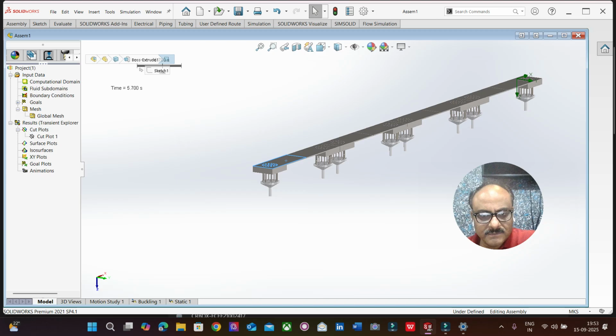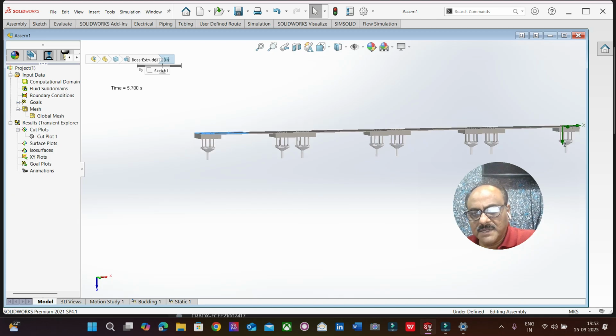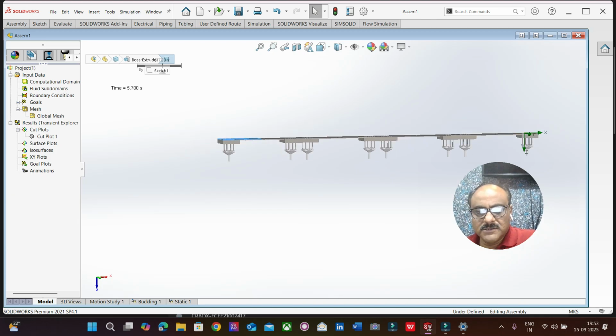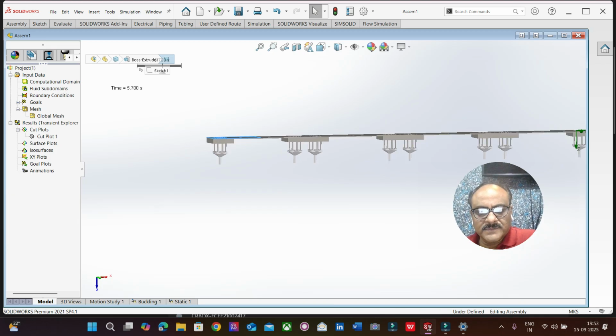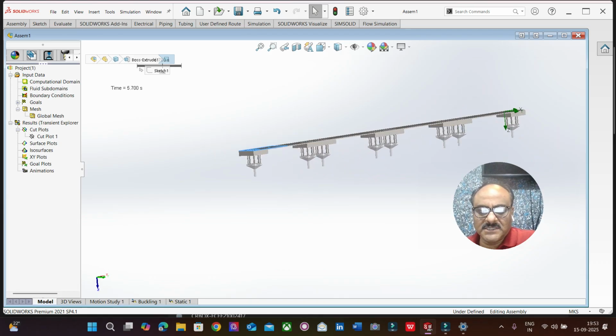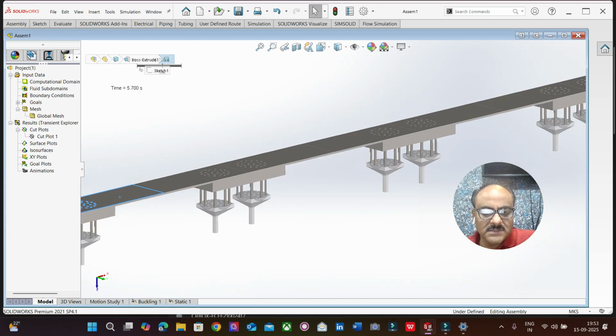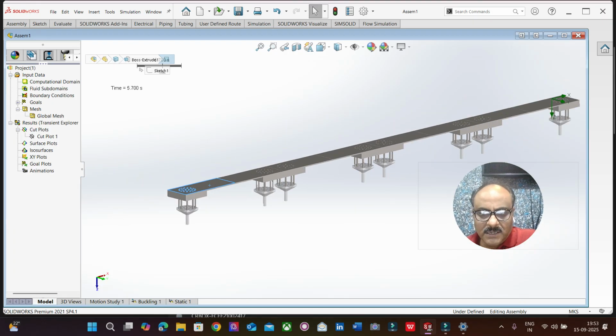So we have spans: this is the first span, the second span, the third span, the fourth span. So 4 different spans, and then 1, 2, 3, 4, 5, 6, 7, 8, 8 different structures. And now beneath the bridge is where the water flows.